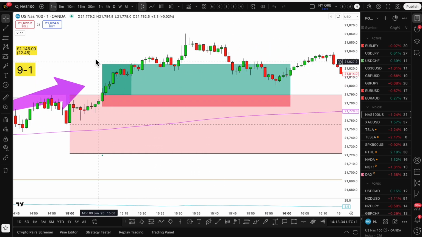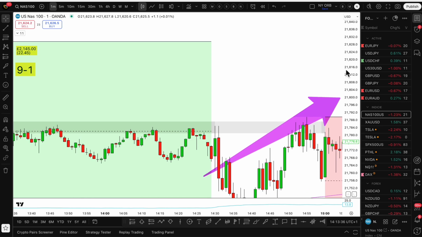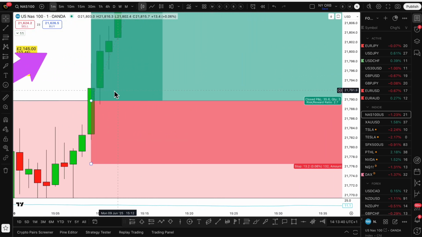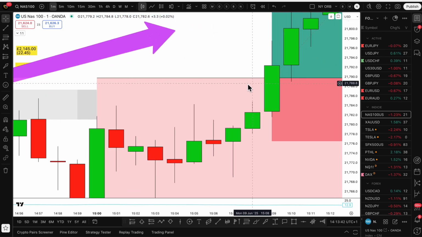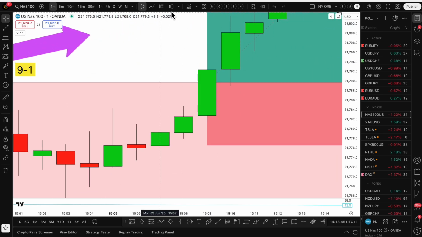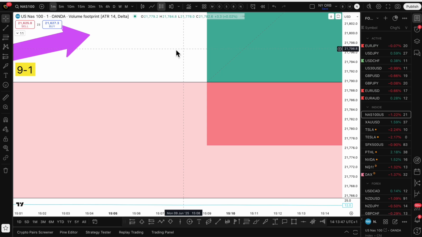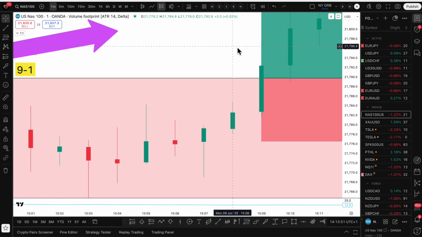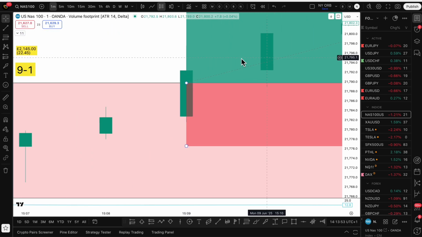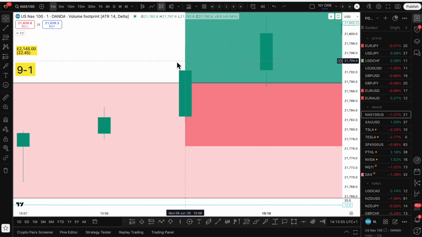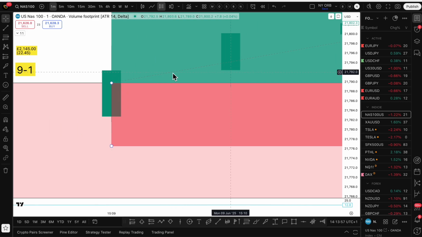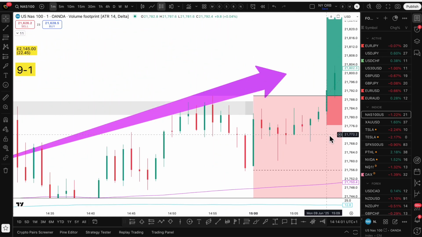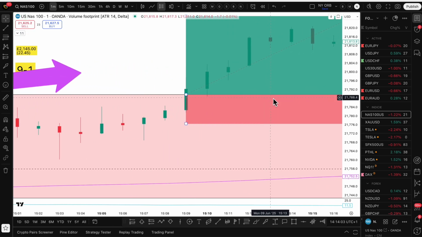Another tool that I use, now if you don't have the premium, you won't have this, but you don't need it. But if you do have premium, you could switch to your volume footprint. I have mine set to delta, and this basically shows you the volume coming through on that candle, the buyers and sellers. It's taking a little bit of time to load up because we're on the 1 minute time frame.